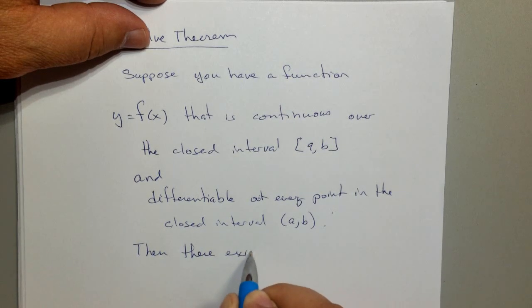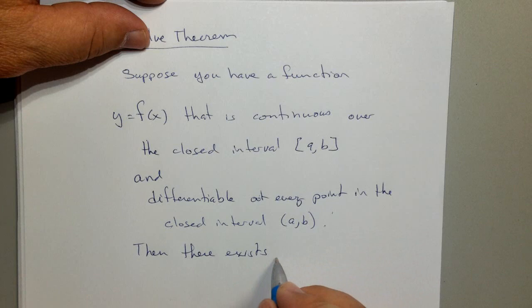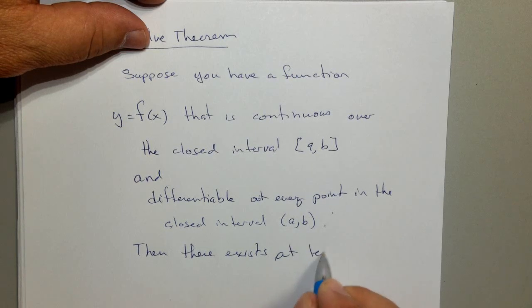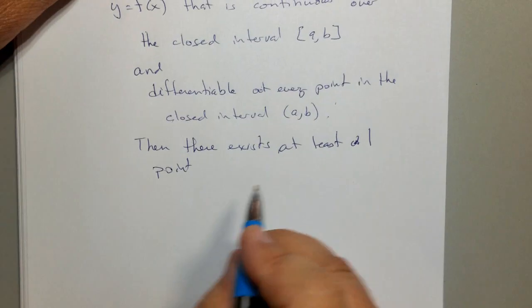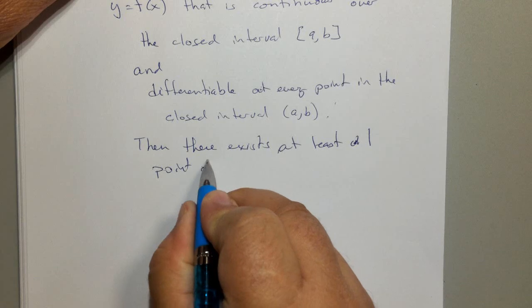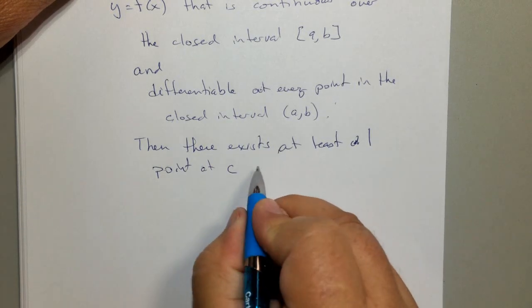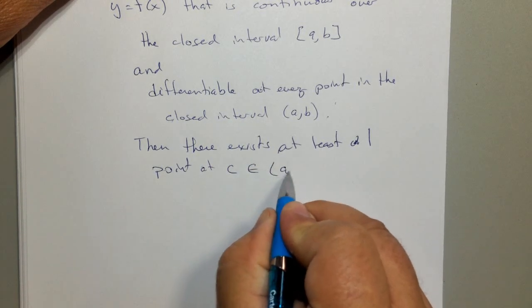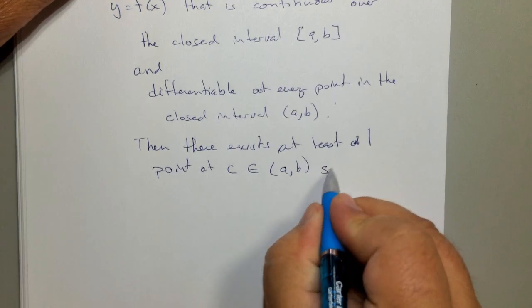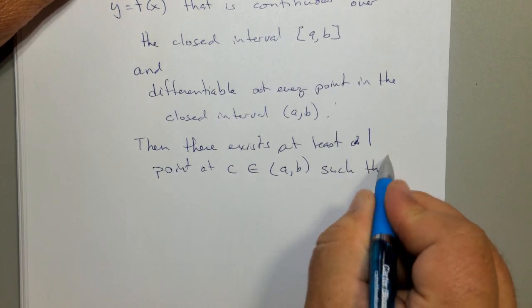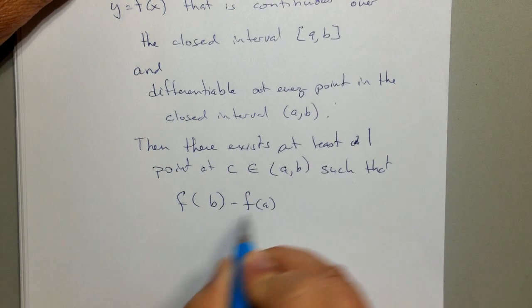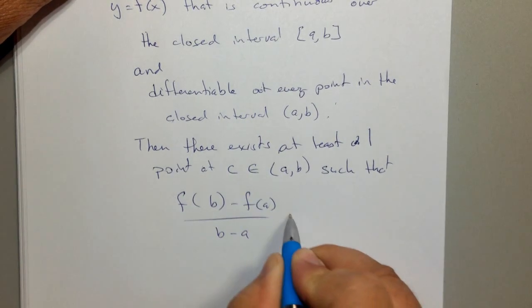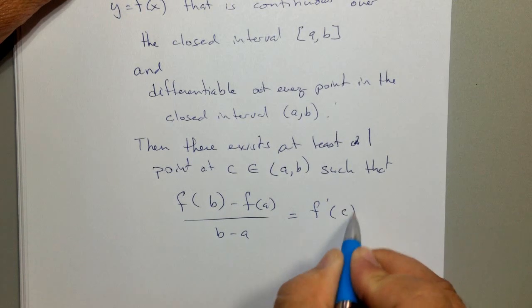Then there exists at least one point c inside the interval AB such that f of B minus f of A over B minus A equals f prime at c.